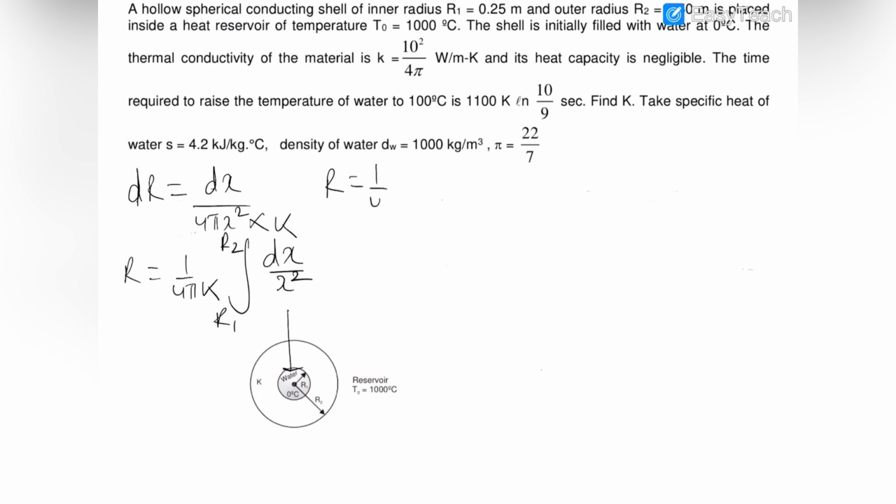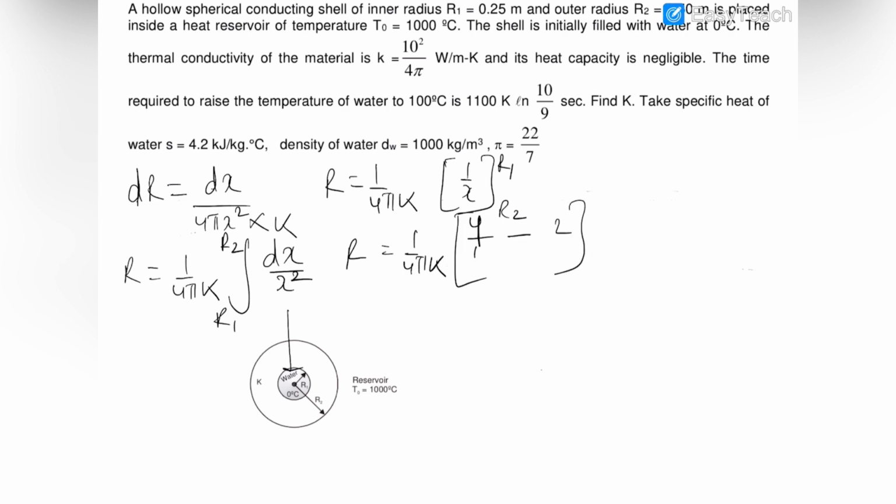So R is 1 upon 4 pi k, and the integration of 1 upon x square will be equal to minus 1 upon x. So the integration limits would be interchanged by using that negative sign. So R will be equal to 1 upon 4 pi k, and the limits would be 1 upon 0.25, which is 1 by 4, minus 1 upon 0.5, which is 1 by 2.